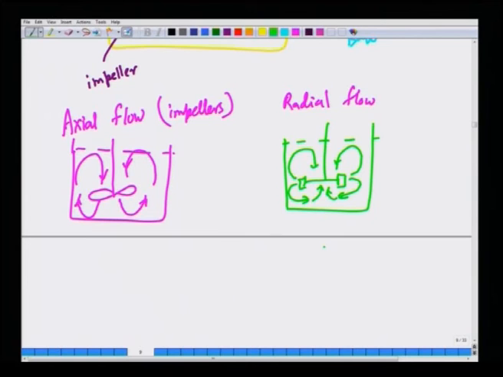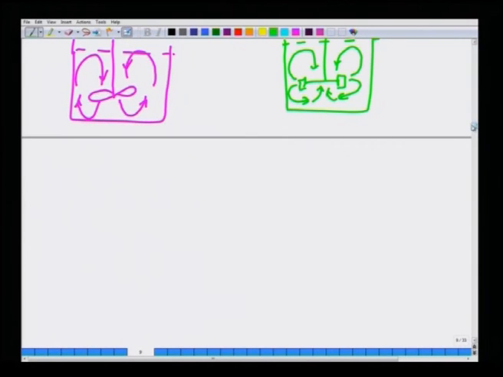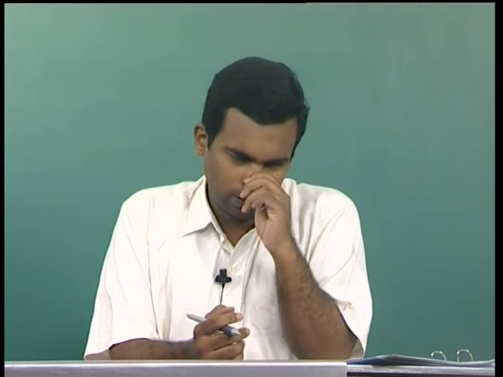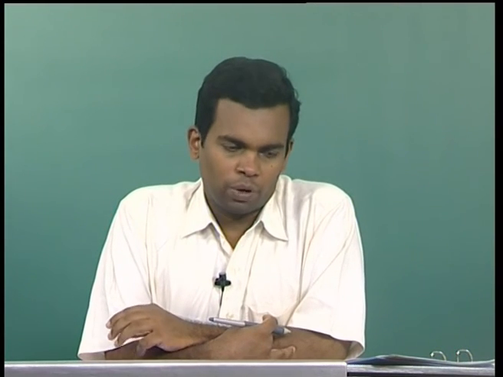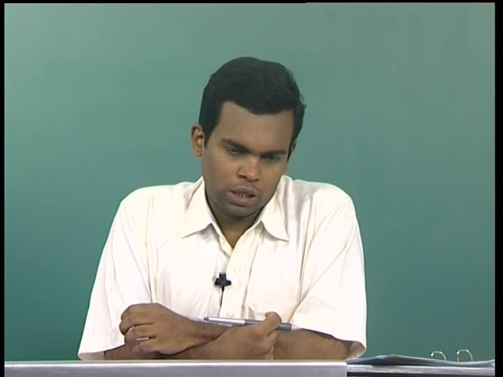Okay. Now, the flow patterns that happen in an impeller are very complex. Okay. And so, if you want to design an impeller, what we would like, from a fluid mechanical point of view, suppose you want to make the impeller rotate at a particular angular velocity, the question we typically ask is what is the power requirement of the motor. Okay. That is from a purely fluid mechanical point of view.